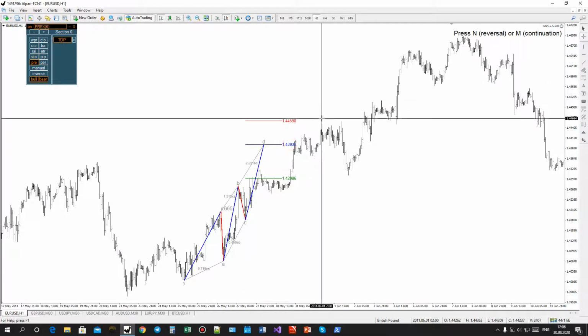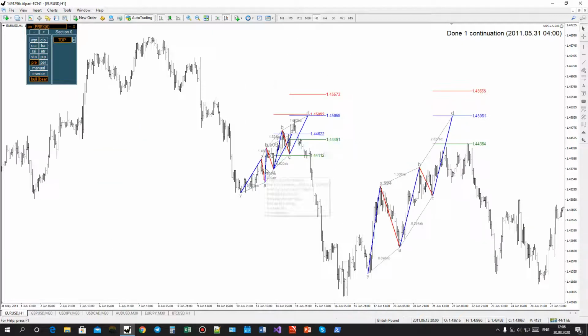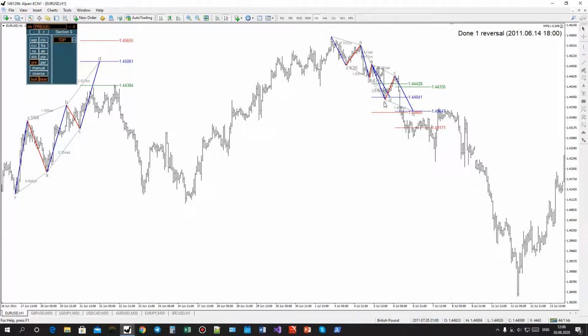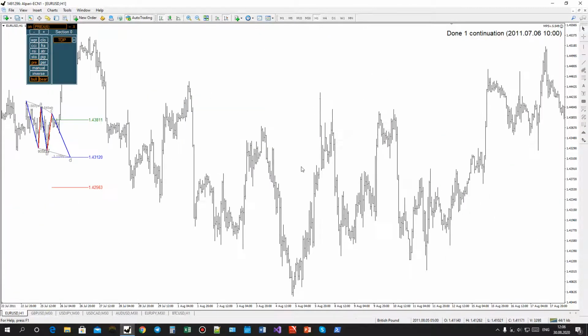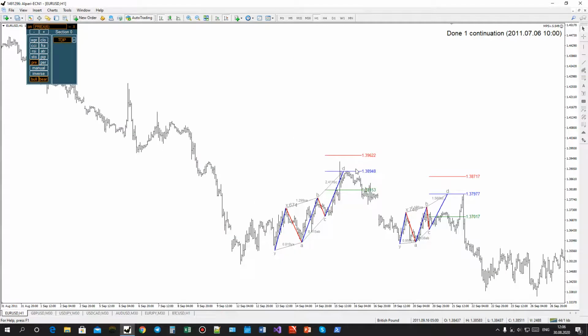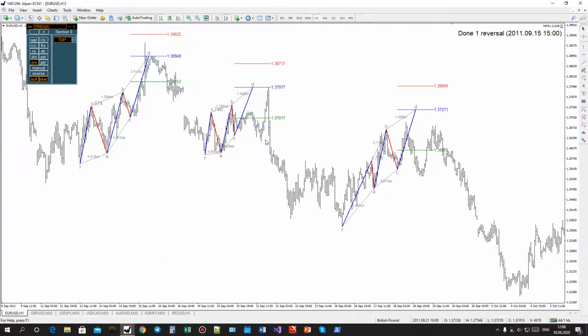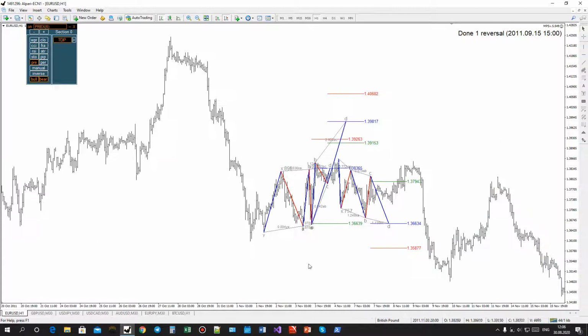This one was a loss. Okay, the first one, it was a win, second didn't complete. This one was a win, and the second one was a loss. Nothing here, nothing here. This one was a win. Invalidated first, undershoots the entry, invalidated.